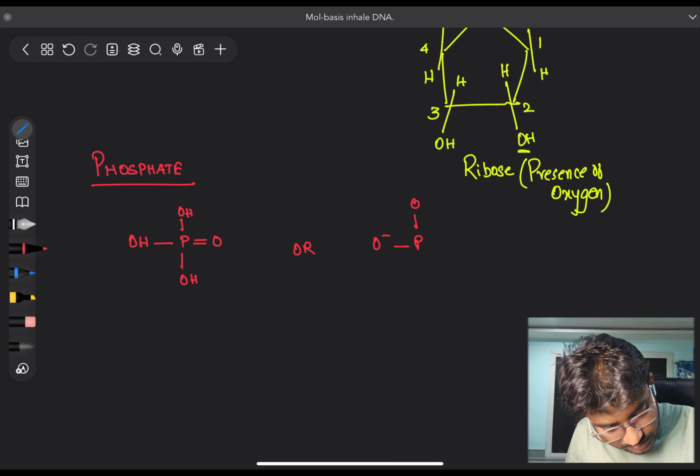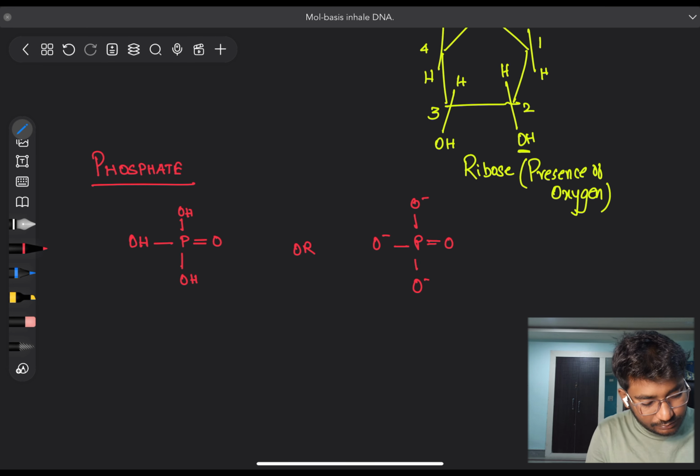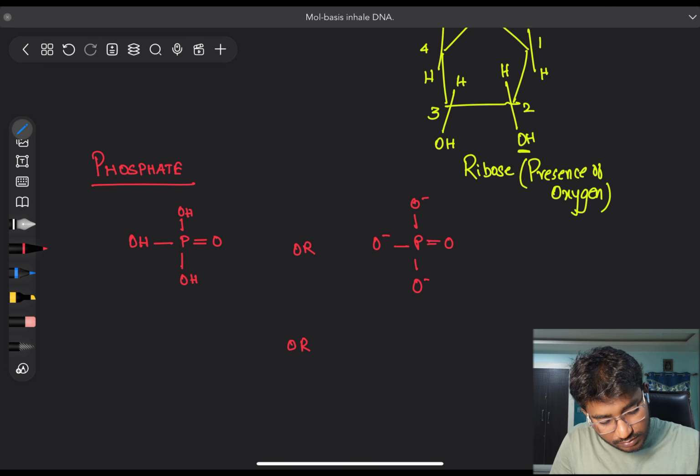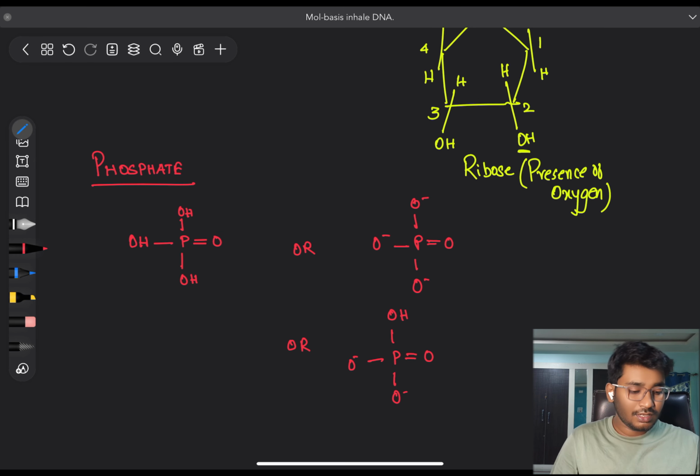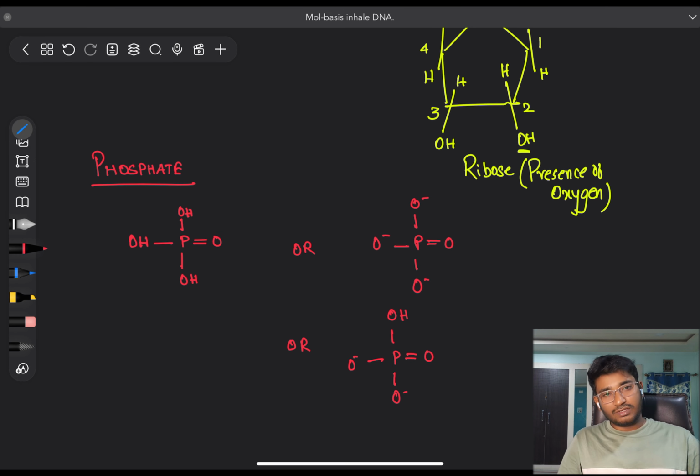Phosphorus with a single bond to O negative, that is an oxygen anion, a double bond to O, and here another O anion. Or it can also be phosphorus with a hydroxyl group, cation, anion, here also an anion and a double bond O. These are the 3 structures of the phosphate group. Now we come to the next part.